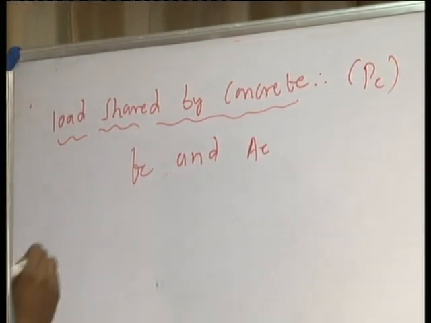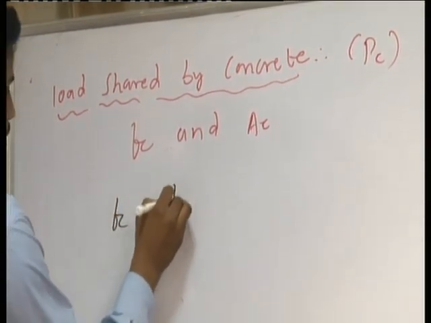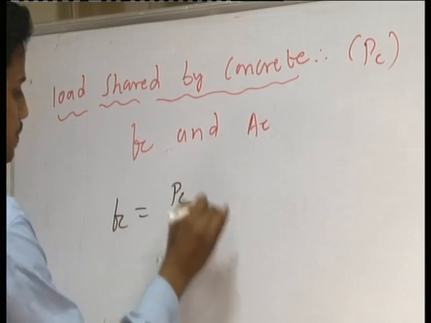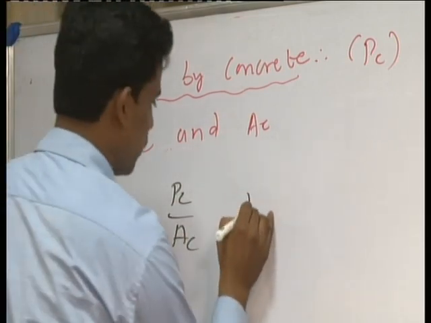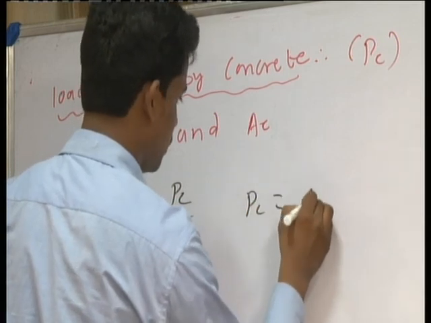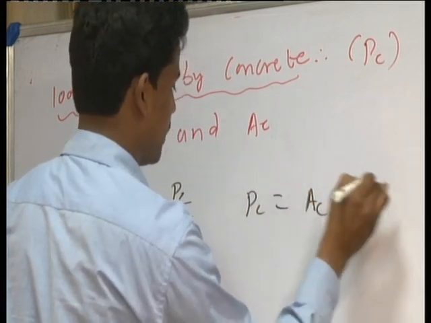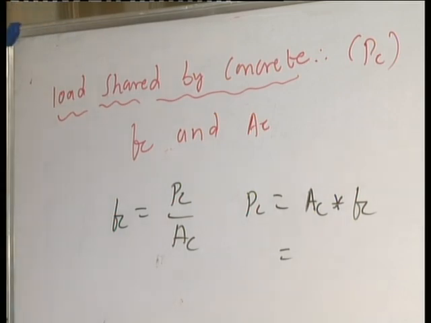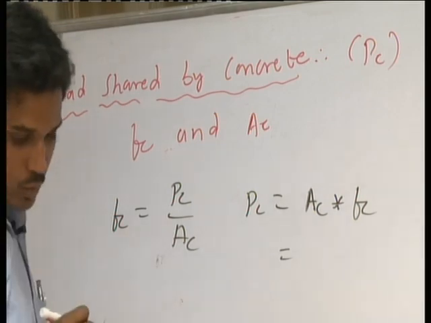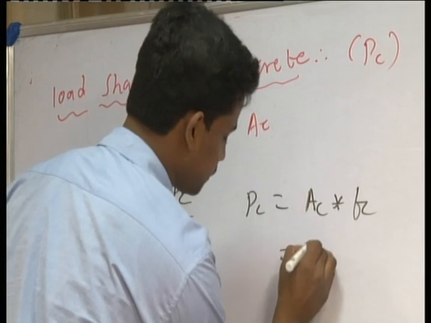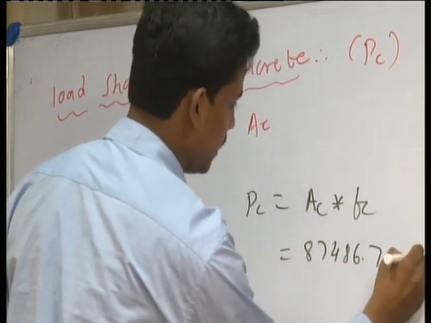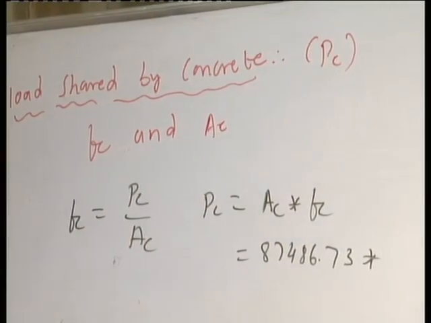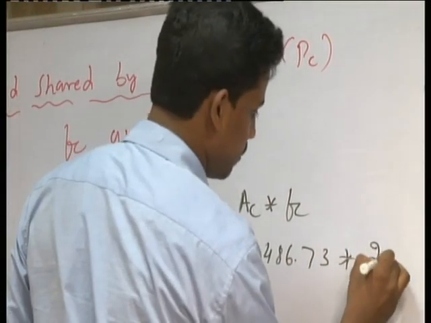So we know that Fc is equal to Pc divided by Ac. So we need Pc. Pc is equal to Ac into Fc. We know the value of Ac is 87486.73, and we know the stress is 2.91.